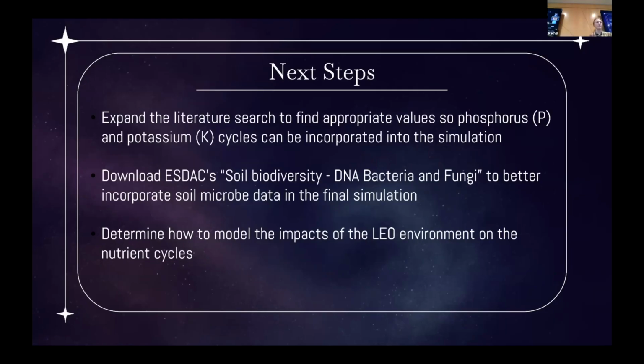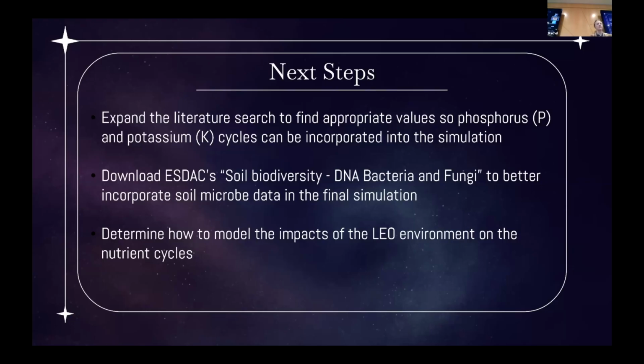For next steps, I originally wanted to also map phosphorus and potassium cycles for the terrarium ecosystem, but I was not able to find the percent dry mass data I needed for these two elements. So I settled for doing carbon and nitrogen cycles for now. Additionally, I want to access ESDAC's soil biodiversity DNA bacteria and fungi database, so I can better incorporate soil microdata into the final simulation.